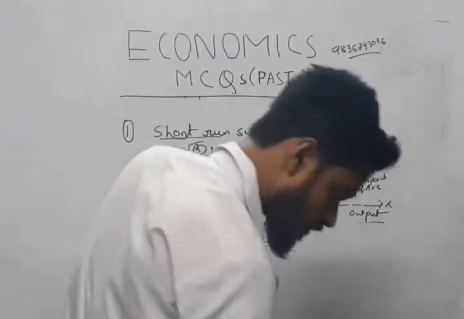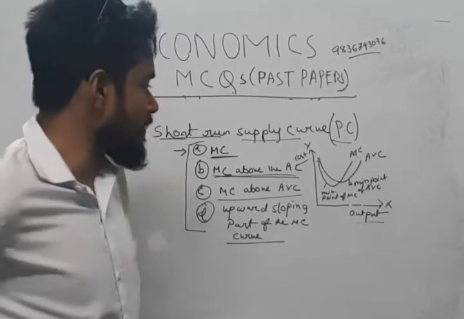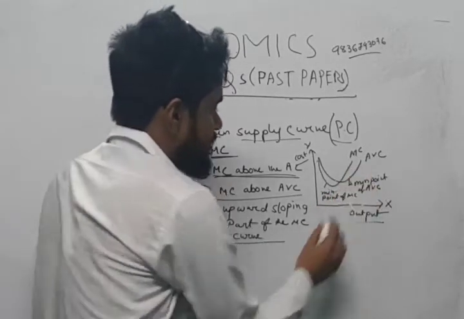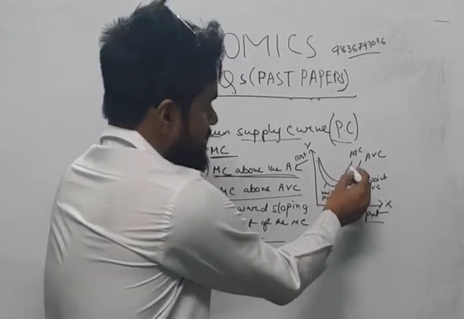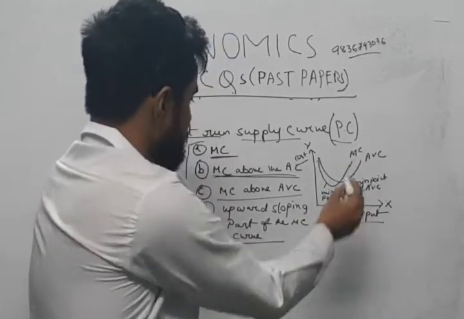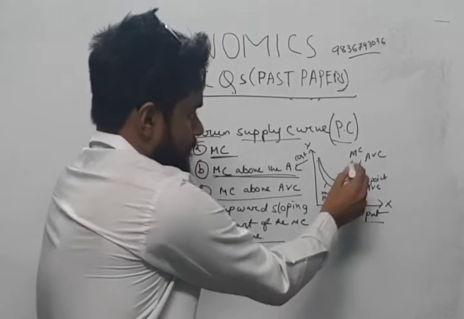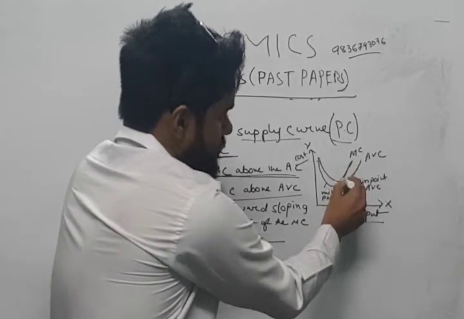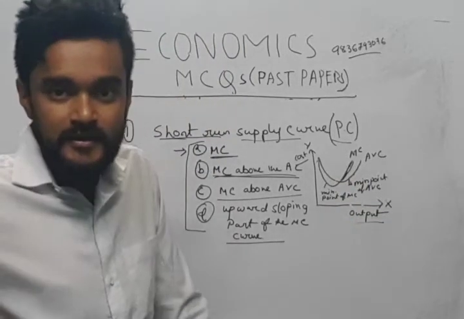So what we know is that in a perfect competitive firm, when the MC curve lies above the minimum point of the AVC curve, which is the case here, we find that this portion is the supply curve. Why is this the case?